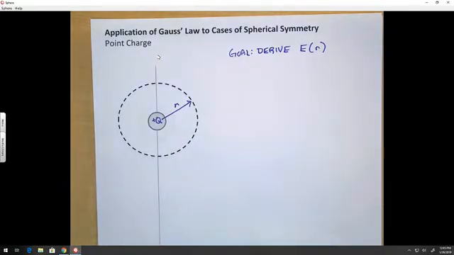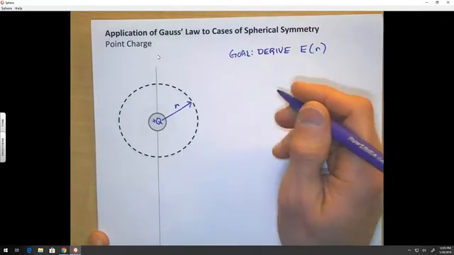It's a radius, right? A radial distance. Okay. So that's my deal. So this is a case that is highly symmetric, right? So we're going to use Gauss's law, and we're going to try to get this result.